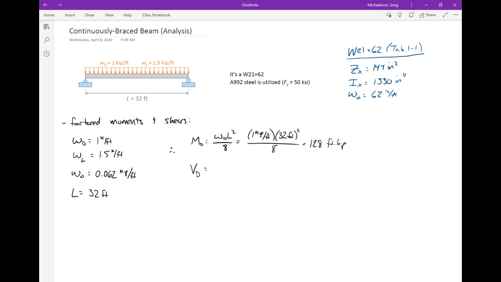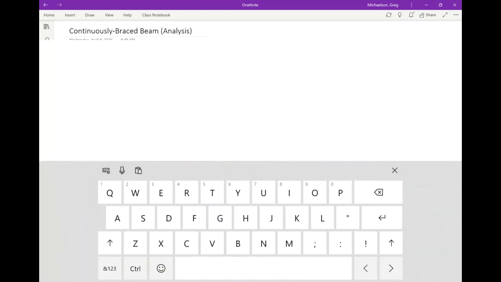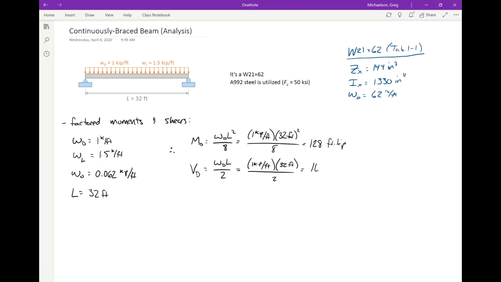So that would be shear as a function of x, but there should also be a listing for the maximum shear. And what Mr. Rain said is correct. The maximum shear is WL/2. So that's 1 kip per foot times 32 feet over 2, which is 16 kips.